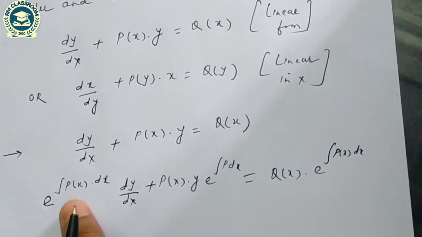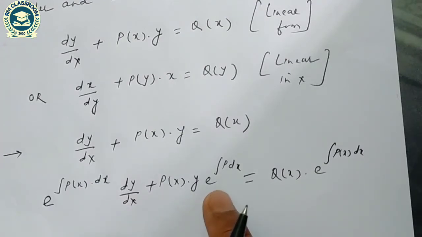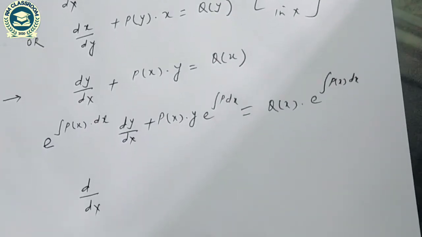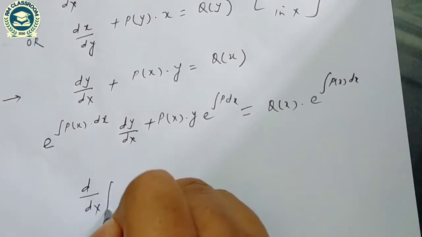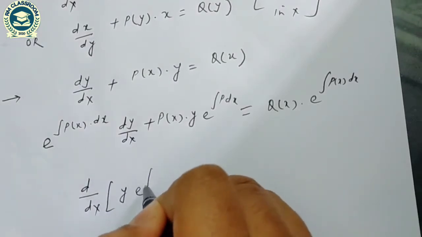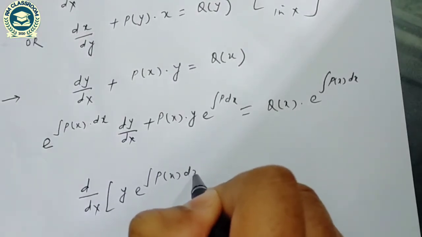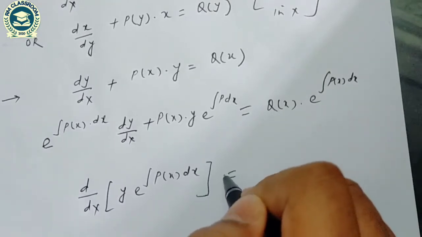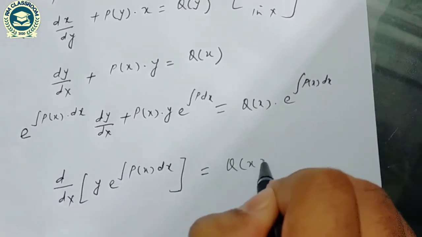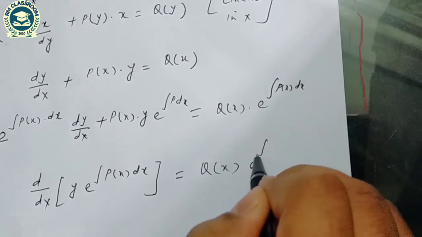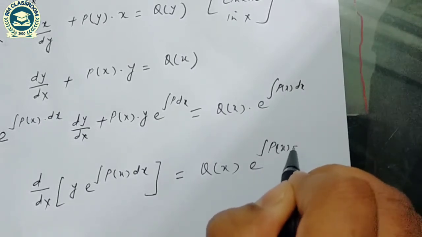Now the left side can be written in differential form as d by dx of y into e to the power integral P(x) dx.